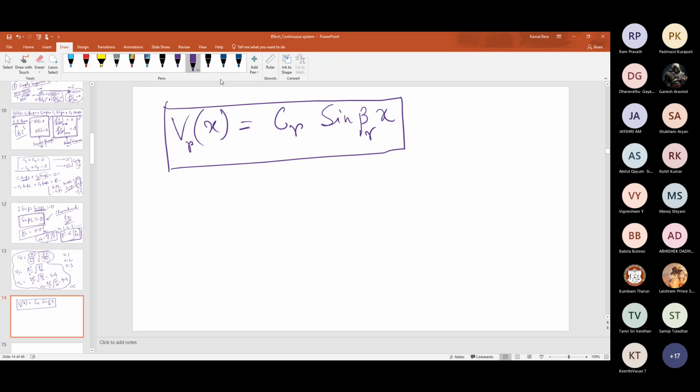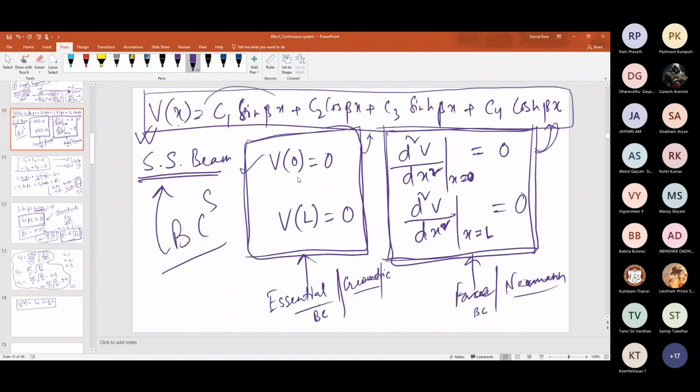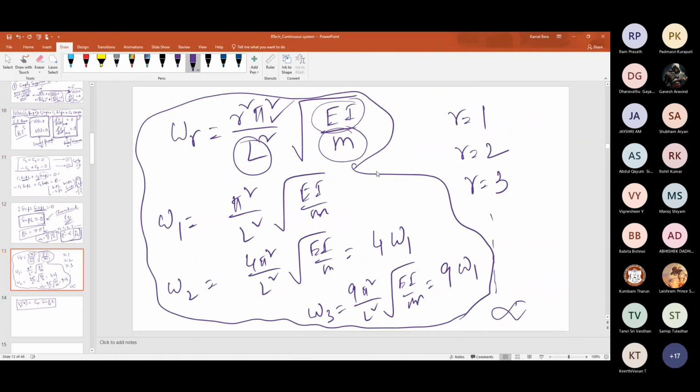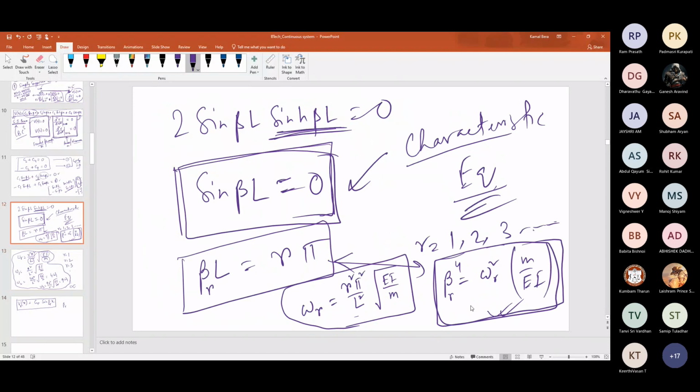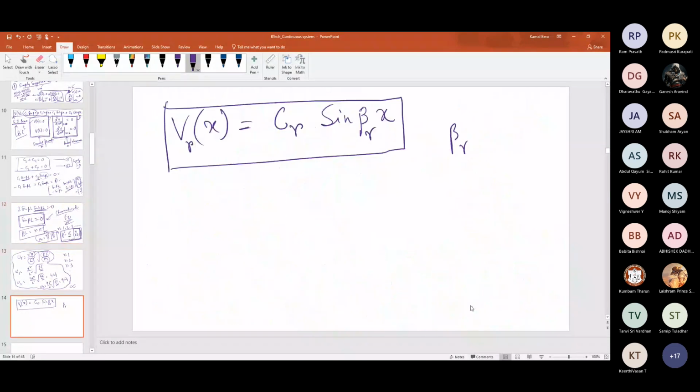Only the sine beta R x is remaining, right? This part is correct. So I am calling that the rth mode has some constant here. Doesn't matter. In the sine beta R x. Because beta R is related to the system natural frequency actually, right? You can substitute here. No matter. Clear?